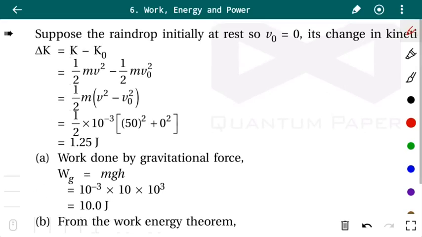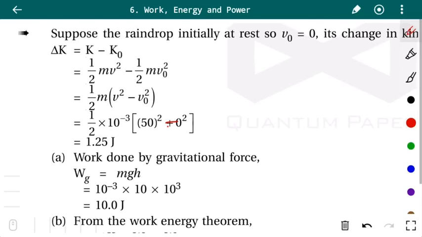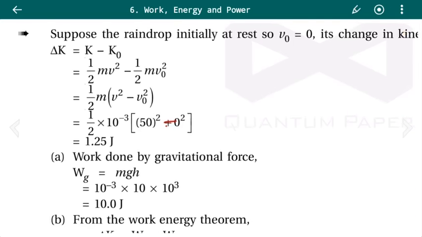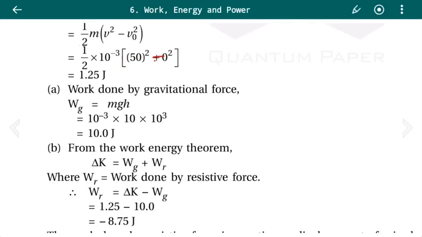So half into 10 raised to minus 3 into 50 square minus 0. When we calculate this, we get 1.25 joule, and that is the change in kinetic energy. Now the work done by the gravitational force is equal to the change in potential energy.